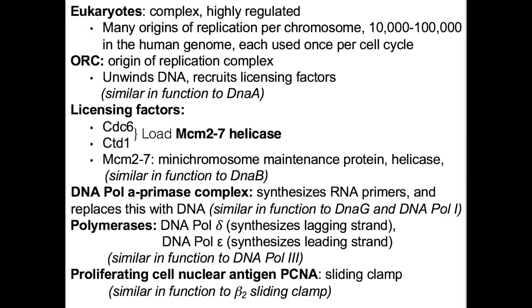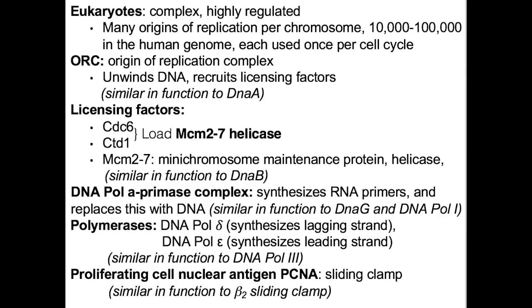These licensing factors include CDC6 and CDT1. These are similar in function to DnaC in a way, although they're much more highly regulated than DnaC is. They are recruited by ORC and they load the helicase MCM2-7 onto the DNA.